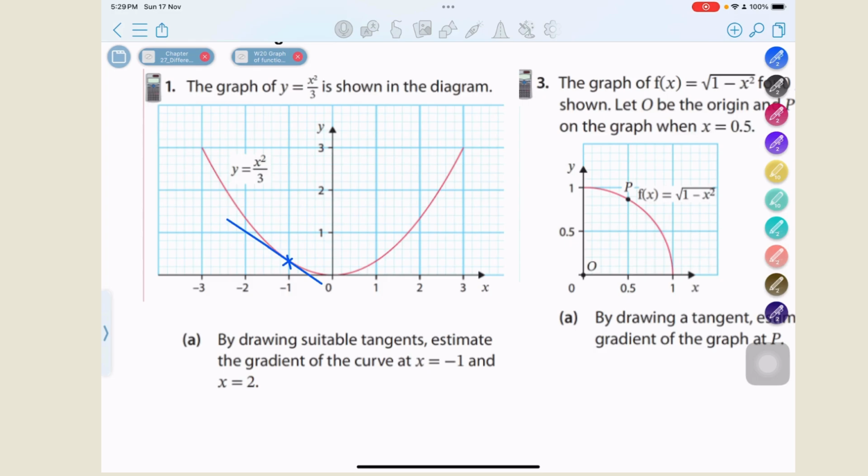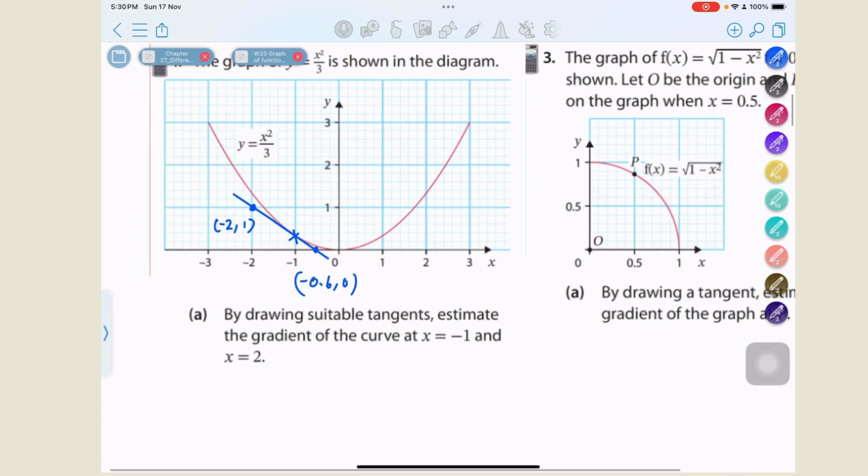Now to find out the gradient, I take two points. The first point I take is (-2, 1). The second point I take is (-0.6, 0).